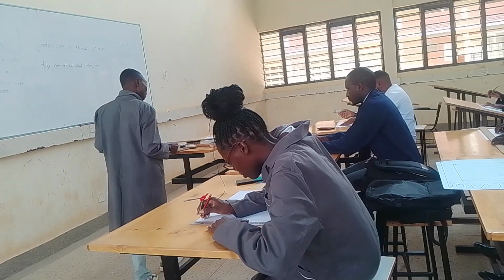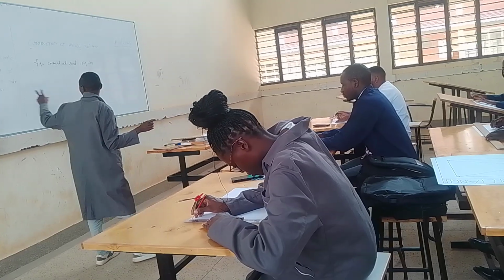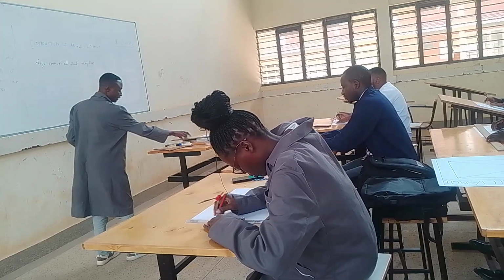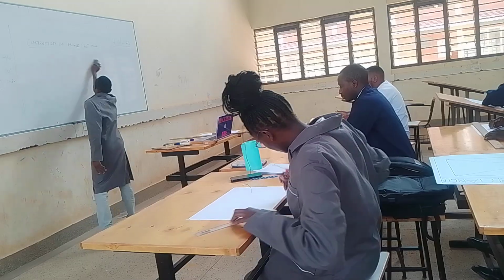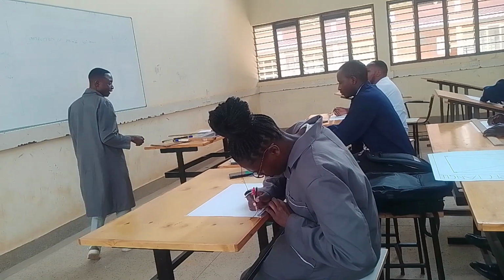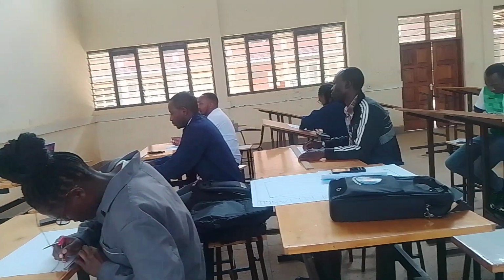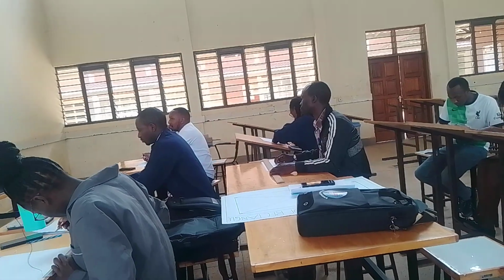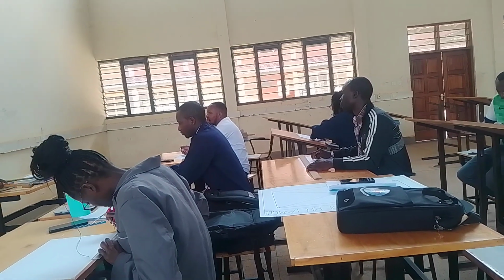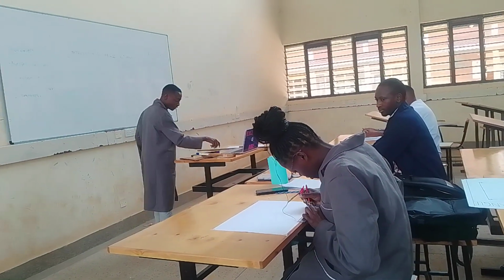For the first space, we will construct our angle of 30 degrees. Let me demonstrate how to construct it as we are constructing. The procedure now. Let me give you the procedure.